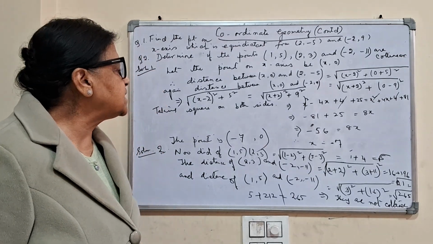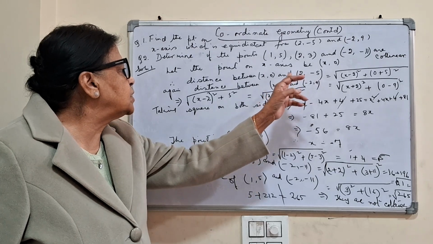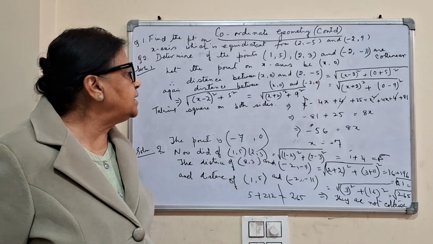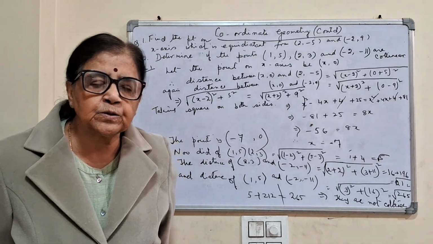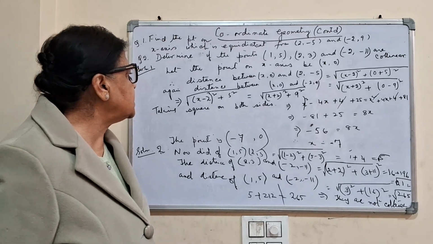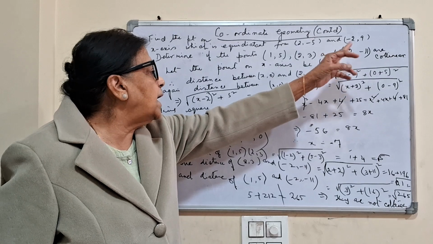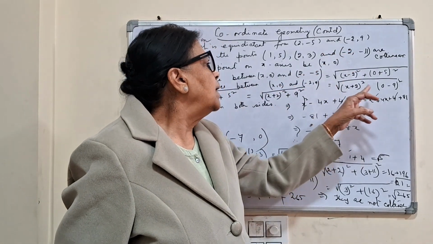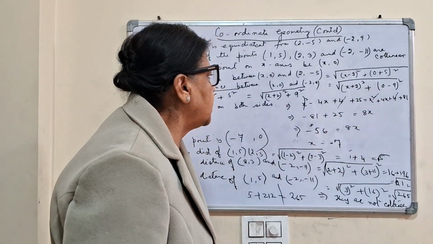Therefore, the distance between (x, 0) and (2, -5) is the square root of (x minus 2) whole square plus (0 plus 5) whole square. Then the distance between (x, 0) and (-2, 9) is the square root of (x plus 2) whole square plus (0 minus 9) whole square.